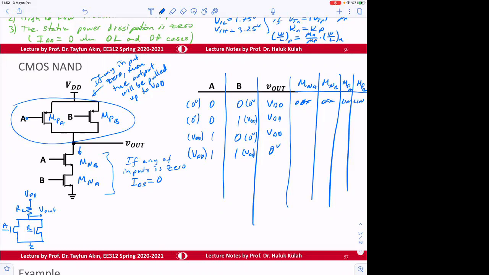Why? This is going to be now linear, off, and off. Okay, so basically we can consider this to be something like this.